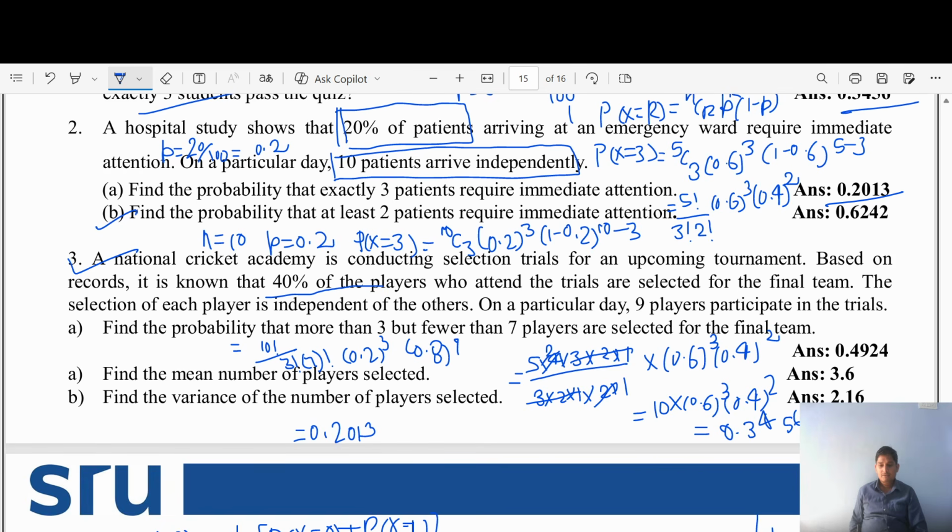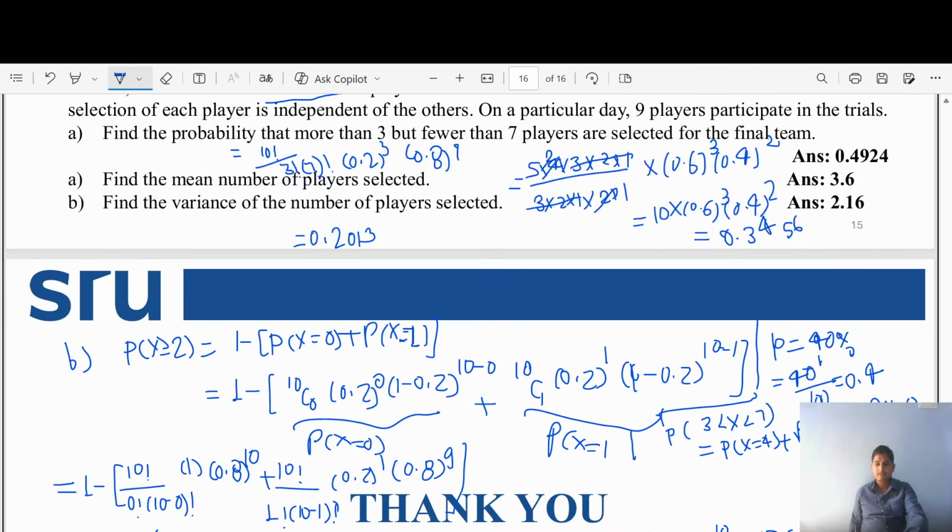P(X=4) plus P(X=5) plus P(X=6). If we evaluate this, we find the values. How do we find these values? We use the formula P(X=k) equals nCk, p to the power k, (1 minus p) to the power n minus k.